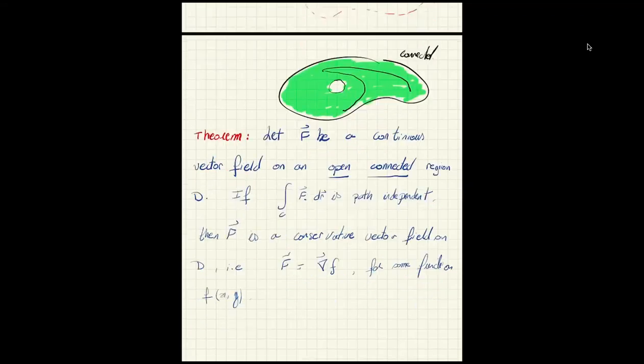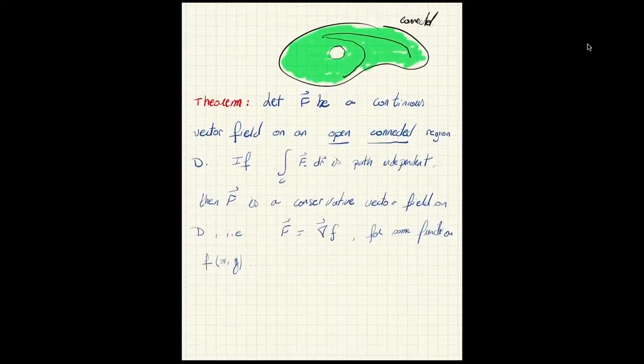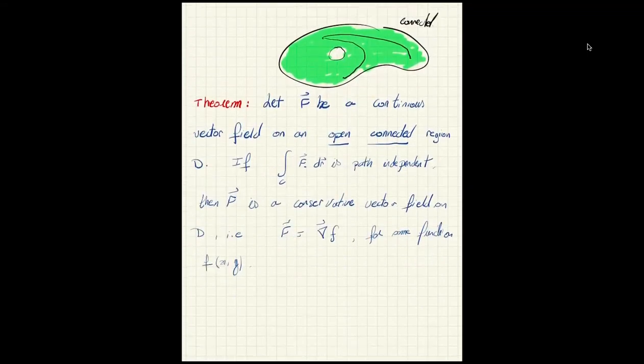Okay? That's pretty good, because actually for this kind of open connected regions, the only path independent line integrals of vector fields are those that come from scalar functions. These are the only ones.